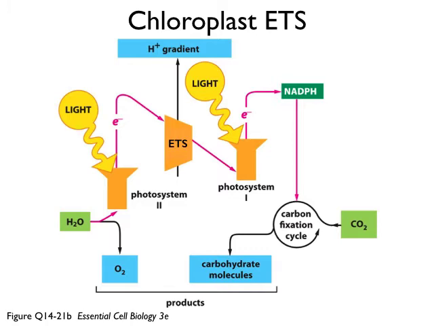There's a second photosystem, photosystem 1, where another photon is absorbed. This allows further electron transport and ultimately allows for the production of another reduced molecule, NADPH, a cousin of NADH. This is then used in a cyclical set of reactions, the Calvin cycle, where CO2 is now incorporated into the molecules associated with the cycle, and the ultimate goal is to make carbohydrate molecules.